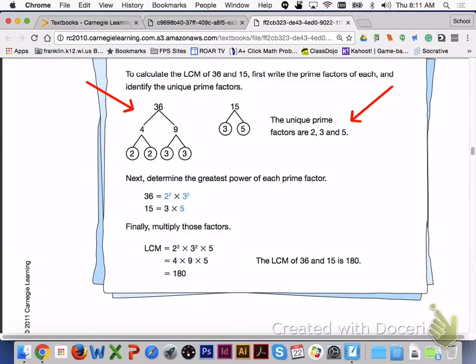Next then we want to determine the greatest power of each prime factor. You can see those greatest powers highlighted in blue. Finally then we want to multiply those factors together. When we do that, we can see that the LCM of 36 and 15 is 180, much more efficient than listing all of the multiples of 36 and 15.